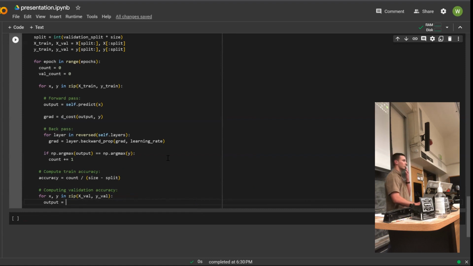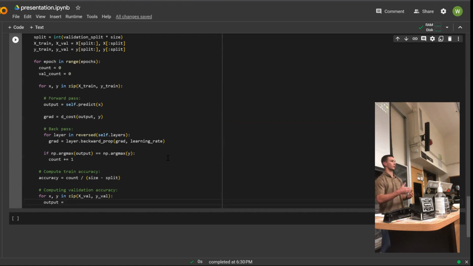And you might be wondering, okay, in the beginning, we split it up into a training set and a test set, and now we're splitting it up into a training set and a validation set. Well, the validation set on each epoch kind of gives us information about the progress of our model, right?